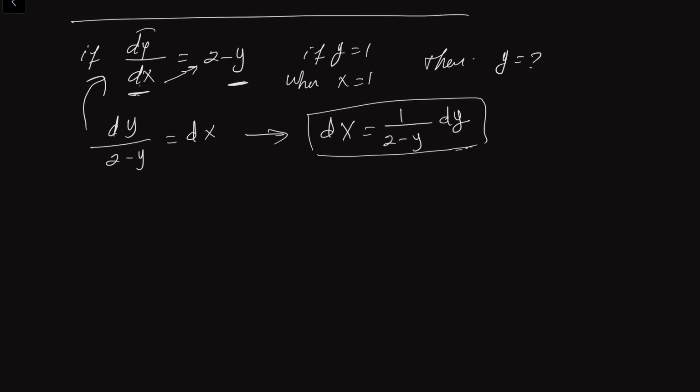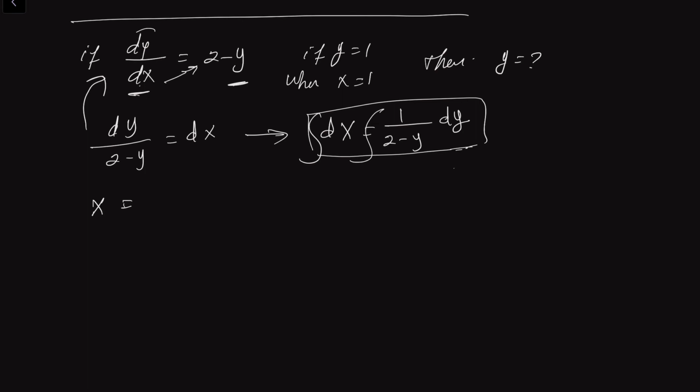So let's take the integration of both sides. Integration of dx is x. Integration of 1 over 2 minus y, let's explain this one.